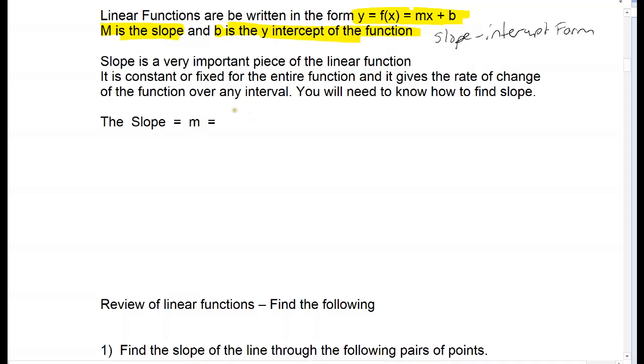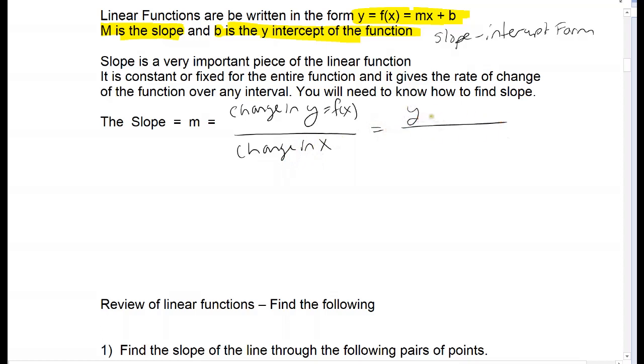In words, the slope is the change in the function, the change in the y values, over the change in x. Usually you find change by taking the difference, so it's y2 minus y1 over x2 minus x1, where the y values are the function values, right? My function values are my y values.